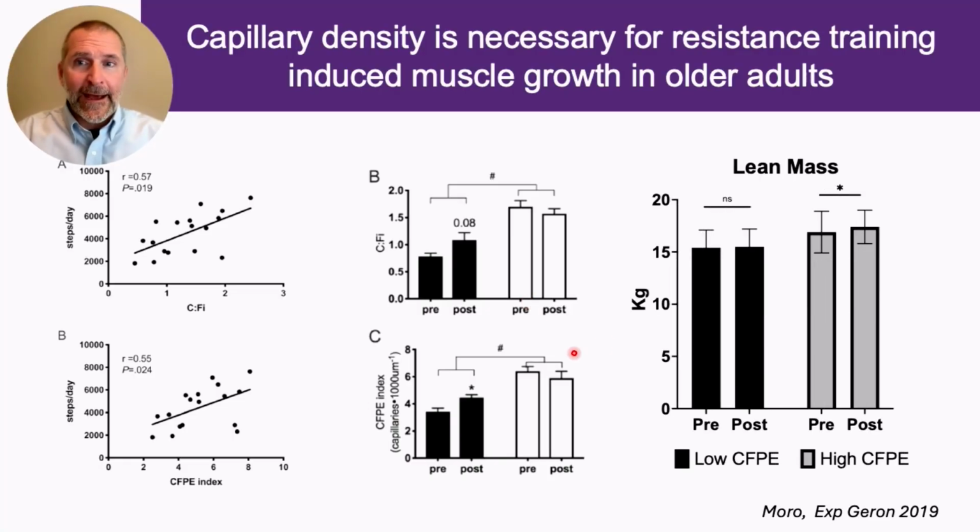And then if we look at changes in muscle mass, the low capillary density group actually did not improve muscle mass with strength training, whereas the high capillary group did improve lean mass with resistance exercise training. So again, this study suggests that having adequate capillarization is necessary for the muscle to respond to exercise training.